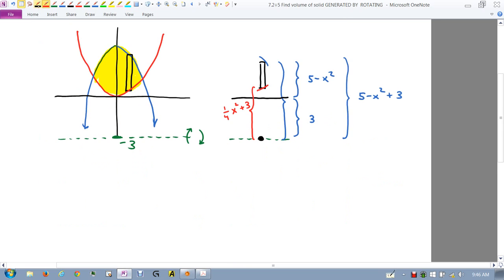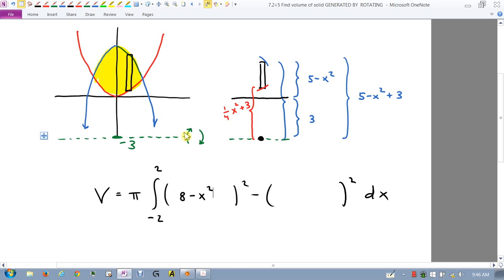All right, so the volume would be pi integral -2 to 2, outer squared minus inner squared dx. The outer here was the blue one, right? I'm going to go ahead and put them together. 5 plus 3 was 8. So this is just 8 minus x squared.